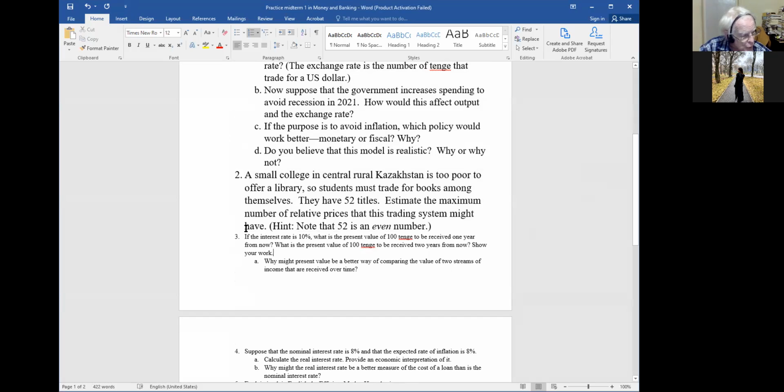We have a library with 52 books, and we have a barter system where there's a different price between every two titles in the library.